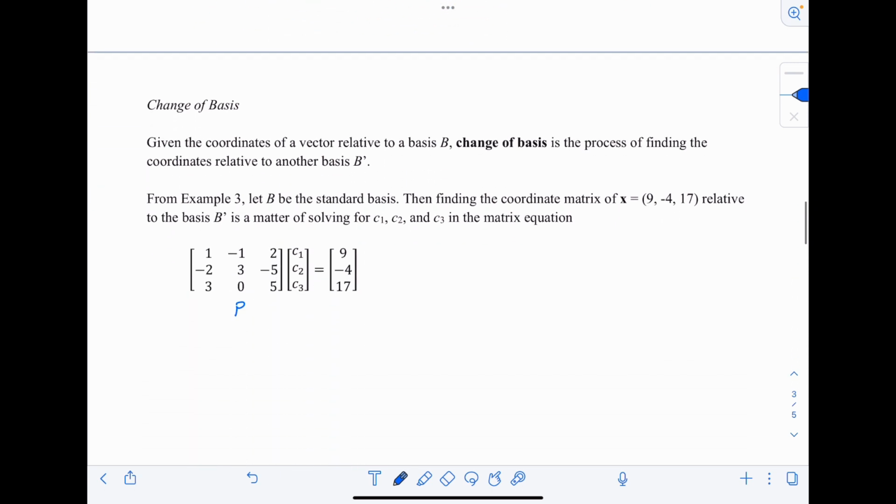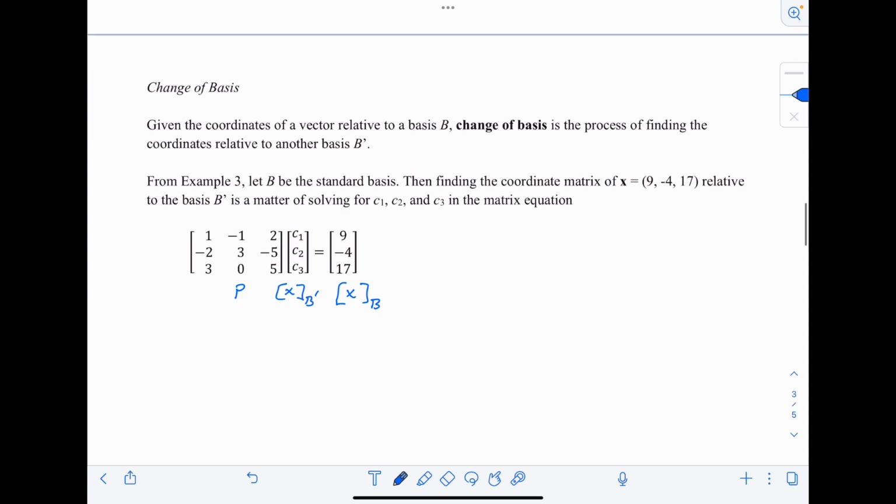So this is the coordinate matrix of x relative to B prime. And the 9, negative 4, 17 is the matrix of x relative to B, relative to the standard basis.